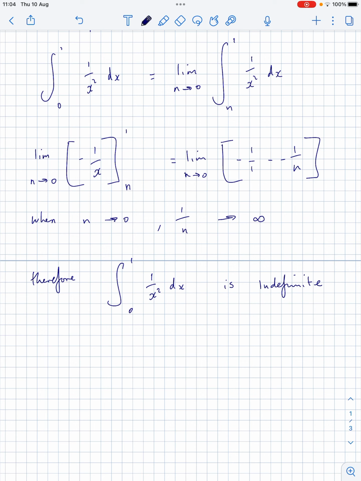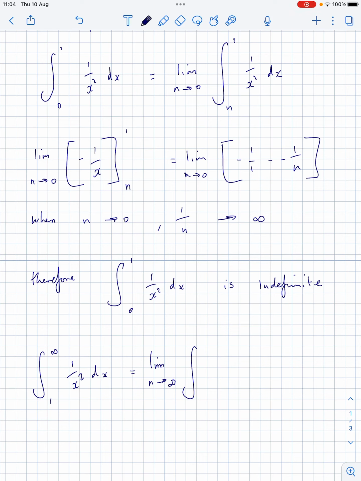So let's go and do the other one. Oh, sorry, I've missed the actual first bit, haven't I? So this is part B, and we were going to go from 1 to infinity. And this time we had a problem with infinity.